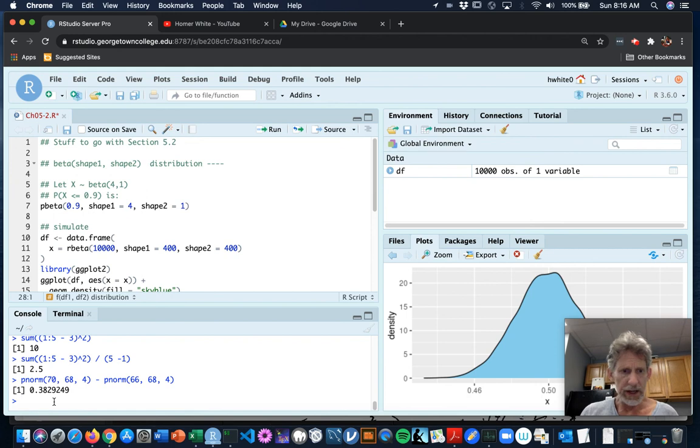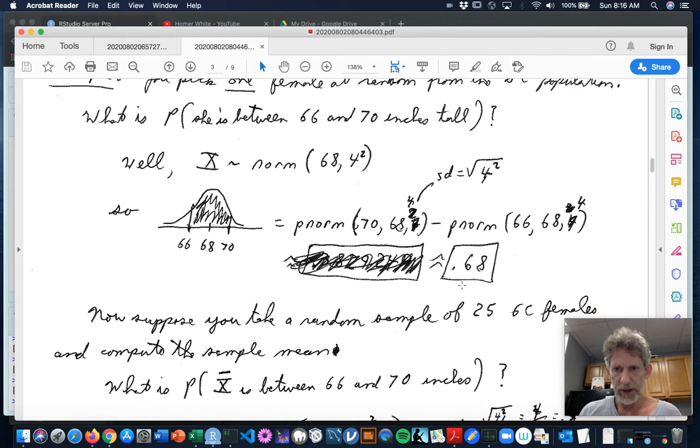Okay, 0.38. That's much better. Okay, so that should be about a 0.38. So I'm going to go ahead and make that correction over here in my notes. So when you get your copy of this PDF, it'll show the correct thing.